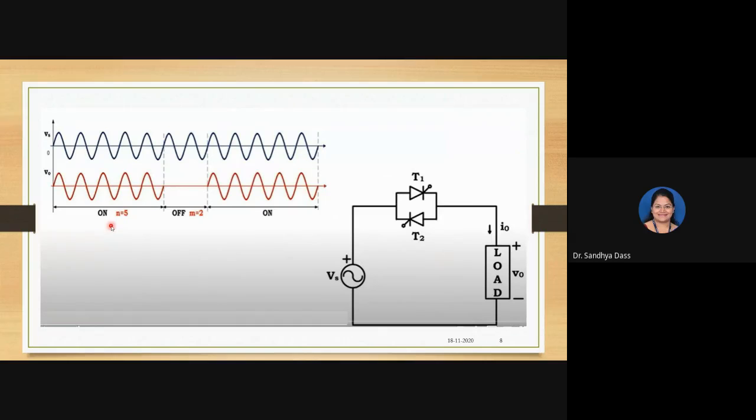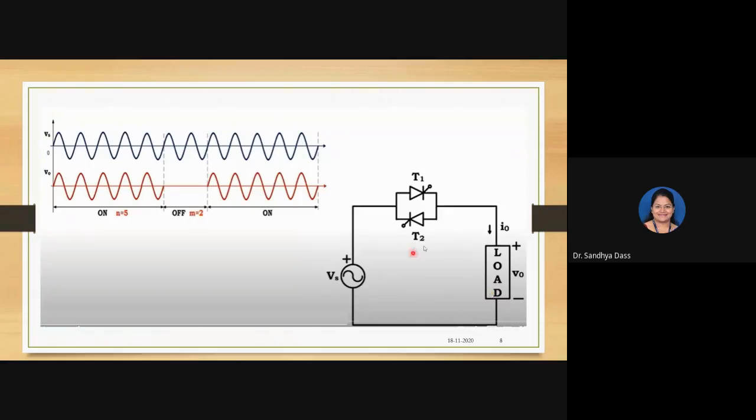Based on that, we can trigger or turn on the power devices as shown here. All right. So I hope it is understood. This will give us the variable AC signal at the load.